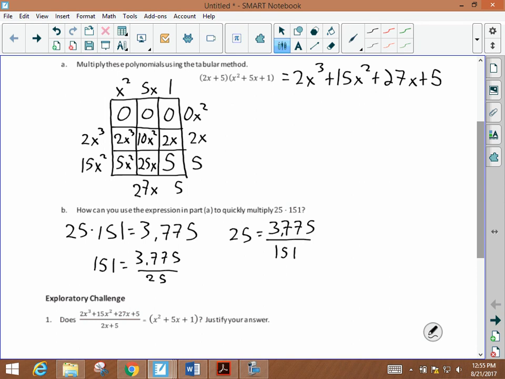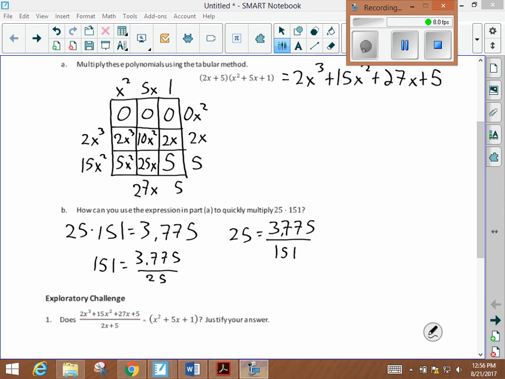And this is really nice for a good explanation for how we're going to get to reverse tabular method for division.